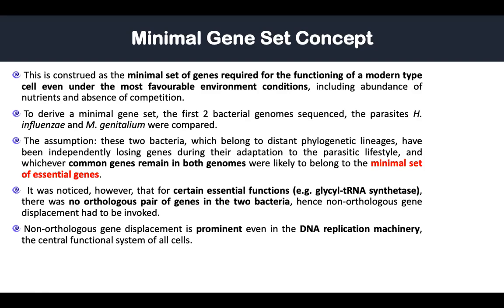The assumption is that these two bacteria, which belong to distant phylogenetic lineages, have been independently losing their genes during adaptation to a parasitic lifestyle. Whichever common genes remain in both genomes were most likely to belong to the minimal set of essential genes for their survival.